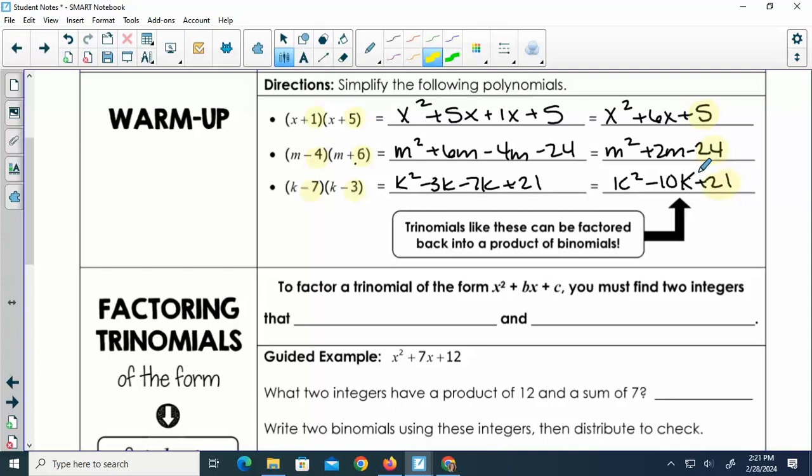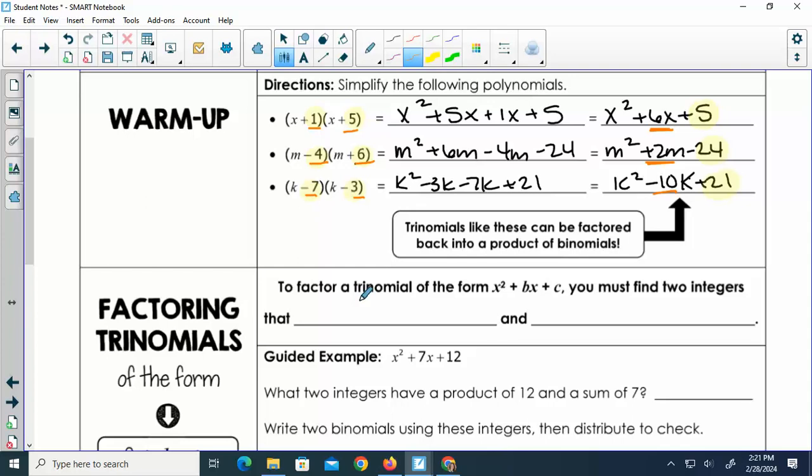The middle term came from adding. 5 plus 1 is 6. Negative 4 plus 6 is 2. Negative 7 plus 3 is negative 10. So when we're working backwards, we are trying to rewrite it as the original parentheses.